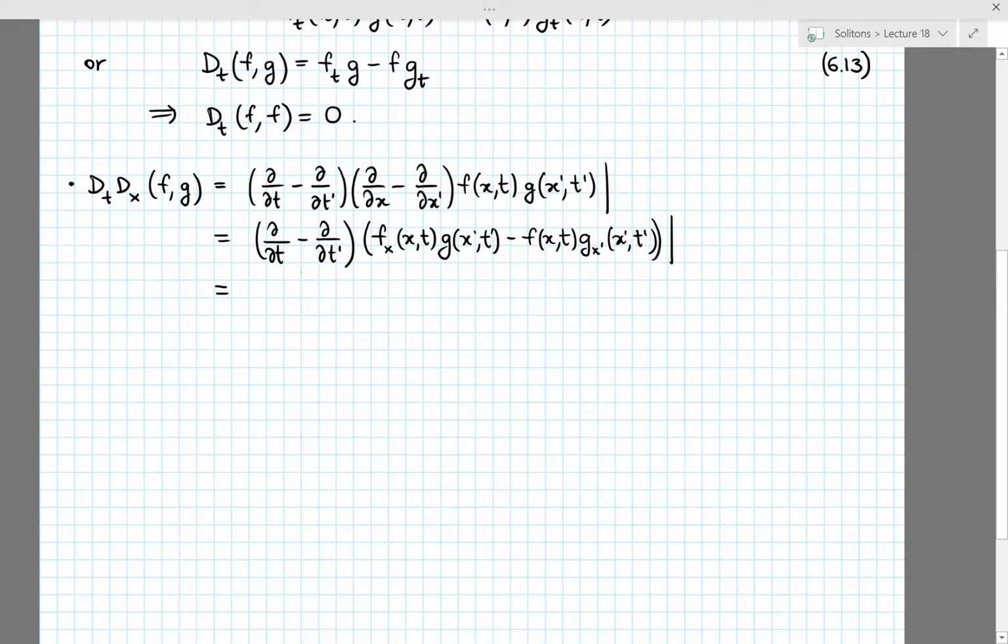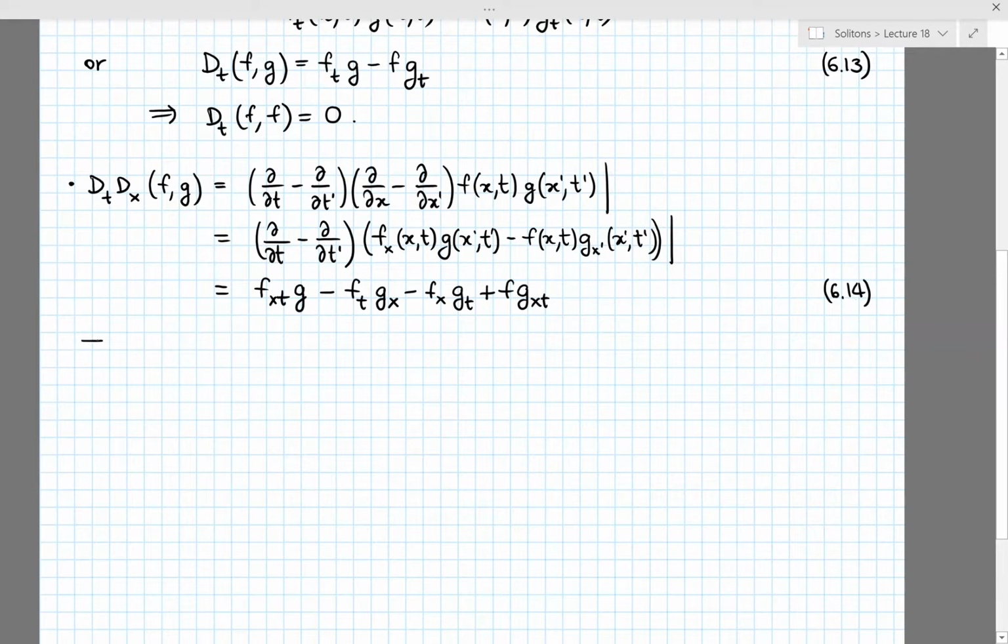So we get f_xt g minus f_t g_x, and then the prime derivative only acts on g. So we get minus f_x g_t minus f g_xt, and we get a plus sign for the last term because of the two minus signs. That's equation 6.14.